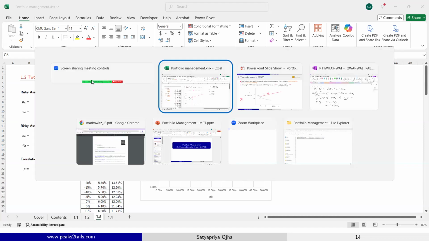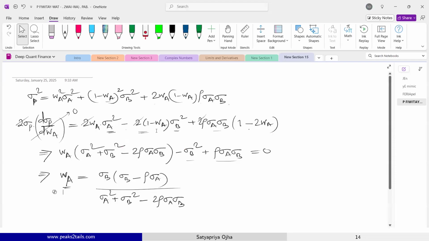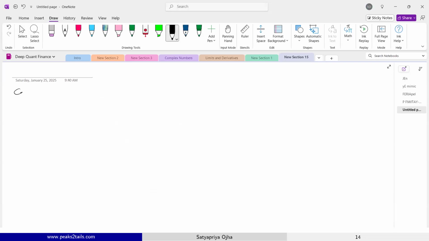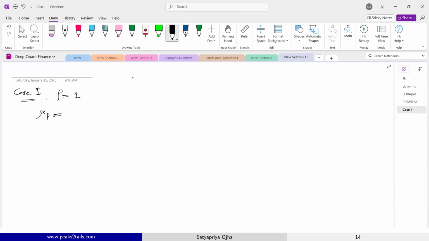So case one, rho equal to plus one. If rho equal to plus one, then what happens to the mu p and sigma p?